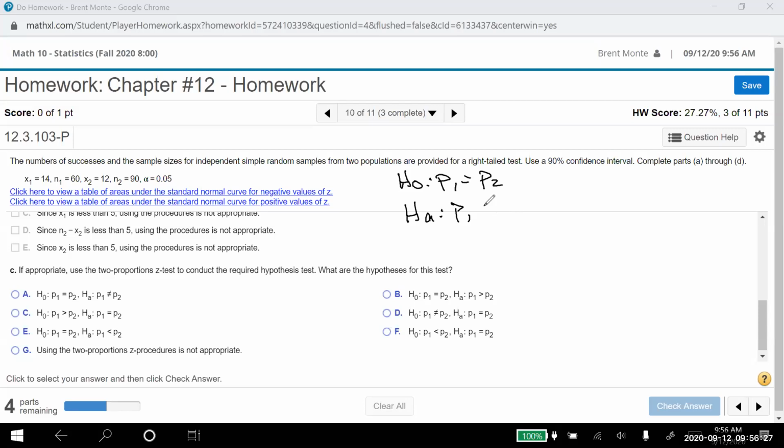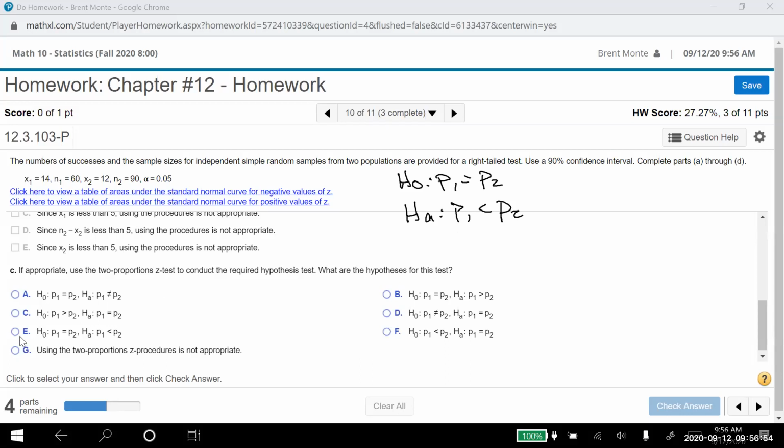So it's actually this way. I think I wrote that, the right-tailed, earlier before. But if P2 we're thinking has a bigger proportion, then that's the bigger one. P1 has a smaller proportion. And notice I'm not putting hats here because we're talking about the population numbers.